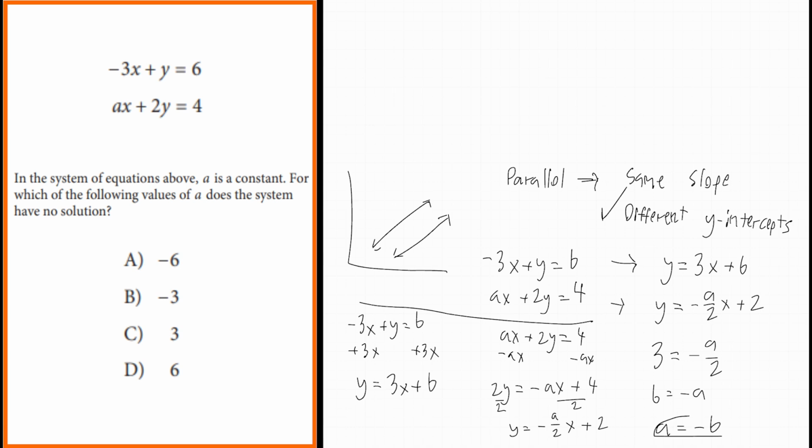A equals negative 6 is our final answer, and that corresponds to answer choice A. So once again, if a equals negative 6, this value of negative a over 2 will equate to 3, and then this equation will have the same slope as the other equation while having different y-intercepts, which means that these lines will be parallel, and there will be no solutions to the system of equations.